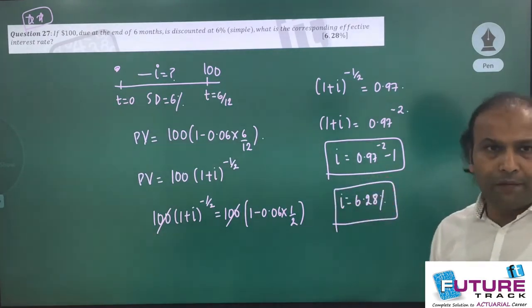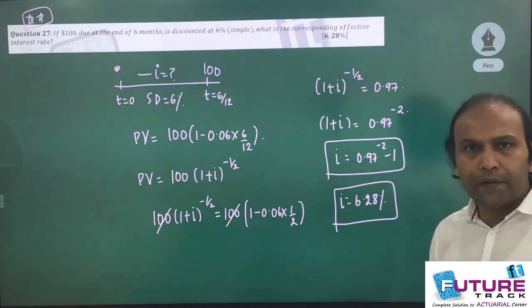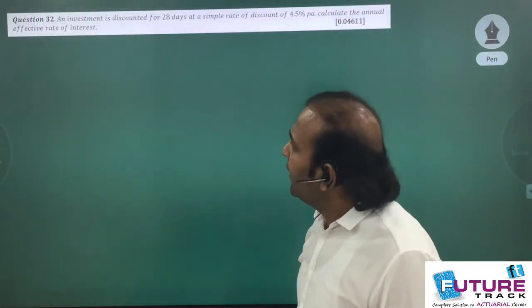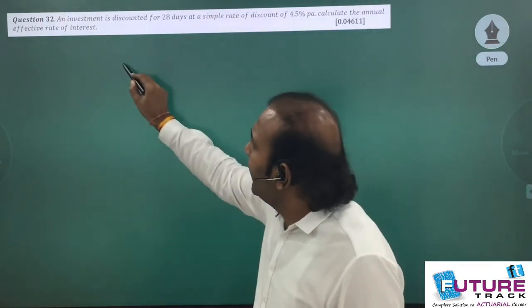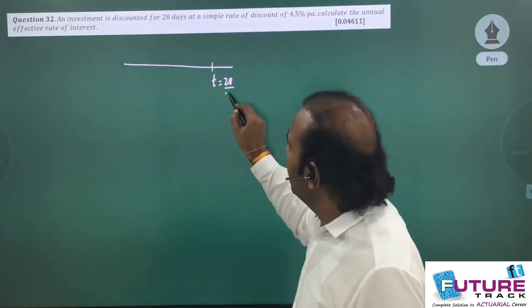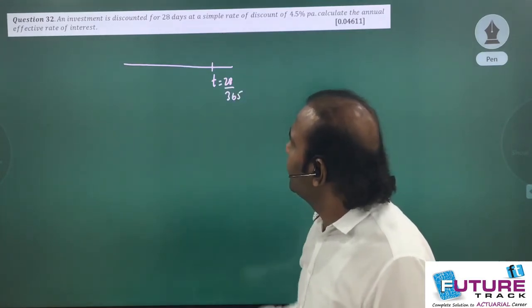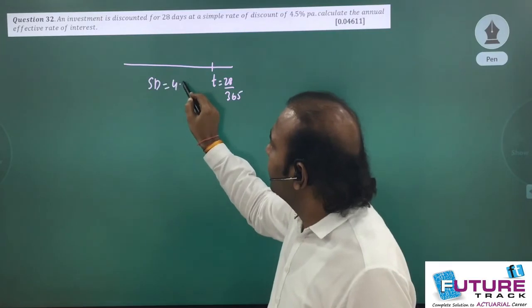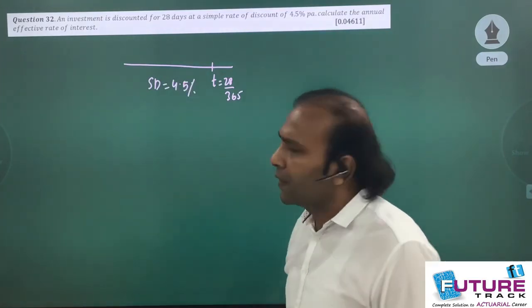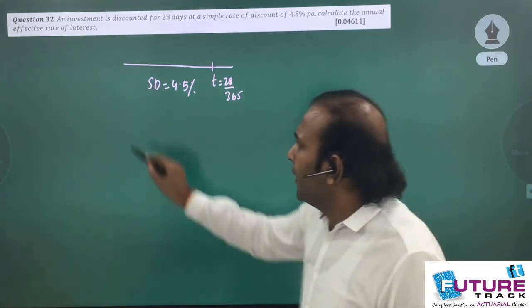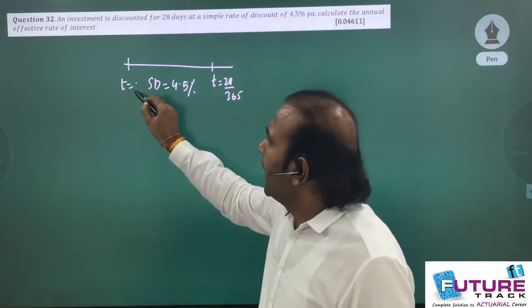So class, this is a very, very important question in context to your exam. So class, let's see one more similar question. It says an investment is discounted for 28 days, at a simple discount of 4.5%, right? Calculate the annual effective rate of interest. Again, we have to find the annual effective rate.